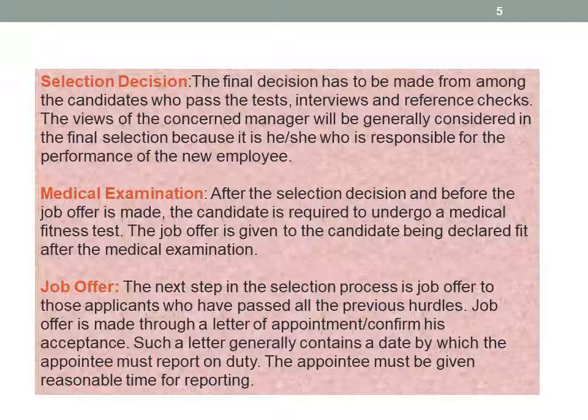Job offer means that the appointee is told that you are appointed at this much salary, these are our terms and conditions, and this much salary will be paid to you. Such a letter will be given to the appointee. This letter also explains when the appointee has to report to the organization for joining.